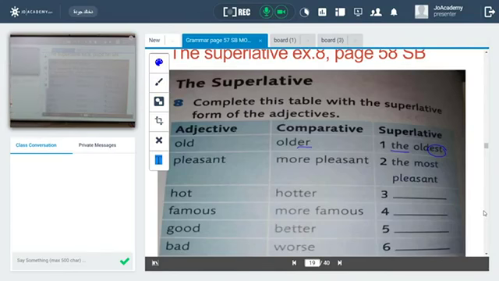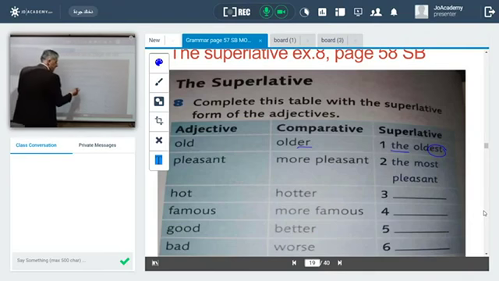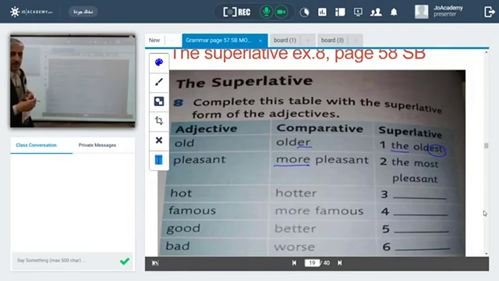The second one is pleasant, more than one syllable. So here I don't add er to the end of the adjective, but I put more. If it is a positive adjective, more pleasant.